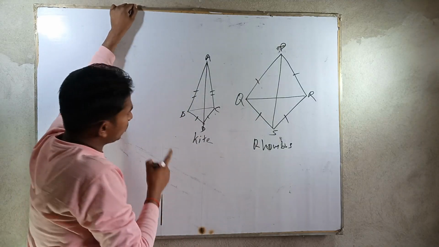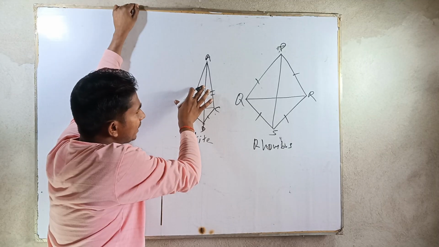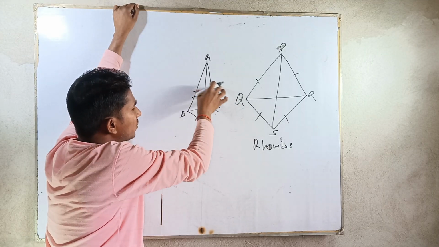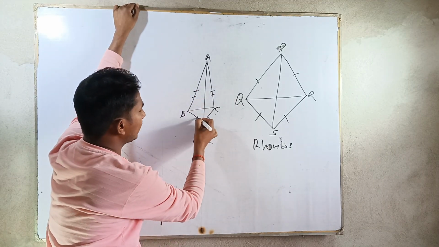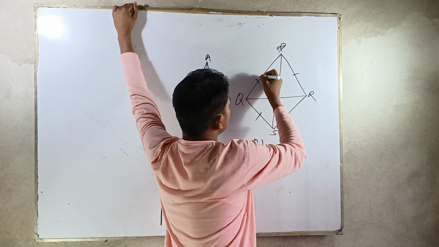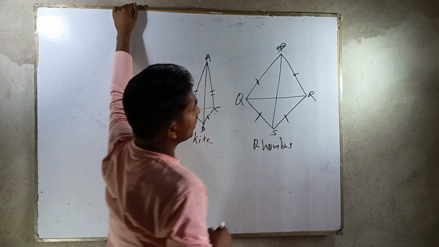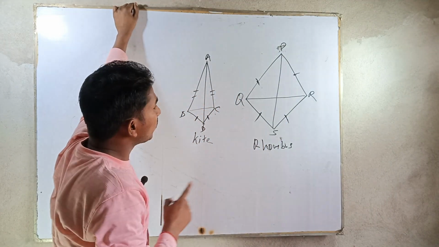If I talk about the kite, its adjacent sides are equal. In a rhombus, each and every side is equal, but its diagonals are not equal.